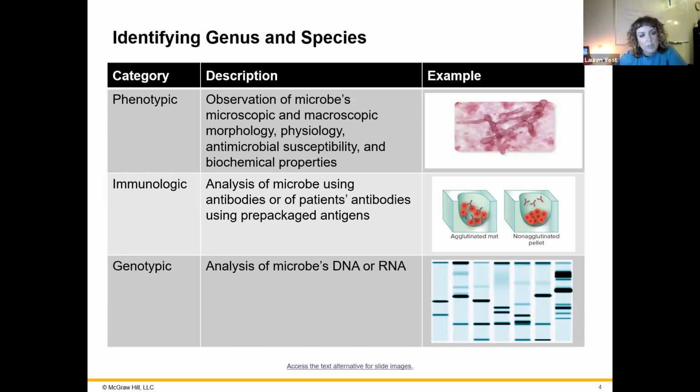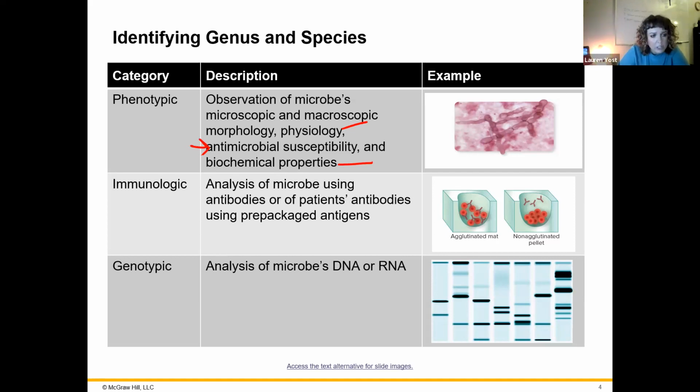Morphology of the organism if you were to culture it. Physiology of the organism, that would be including certain biochemical properties, so they would actually go hand in hand, depending on the organism, of course. But for bacteria, physiological and biochemical properties basically go hand in hand. And then antimicrobial sensitivity as well.